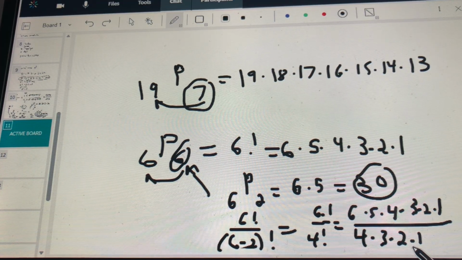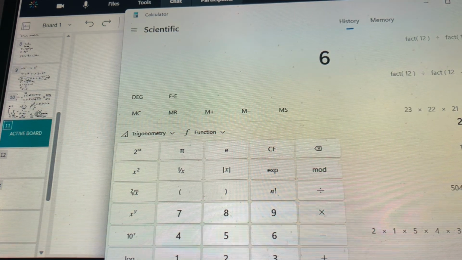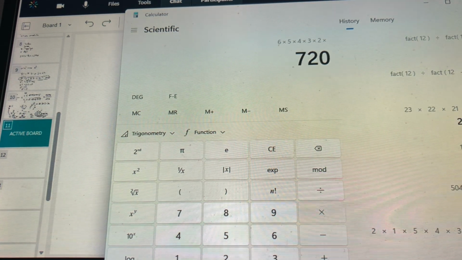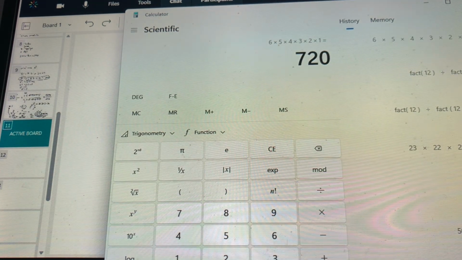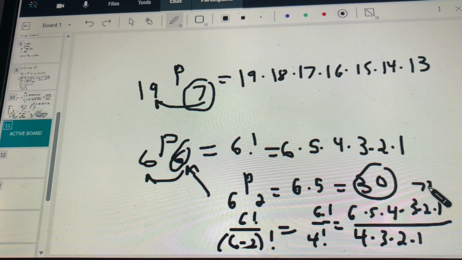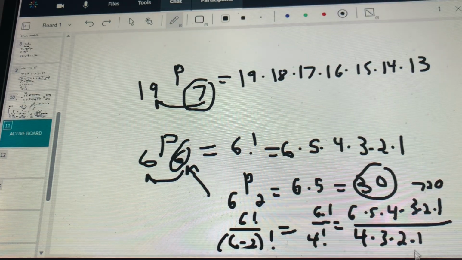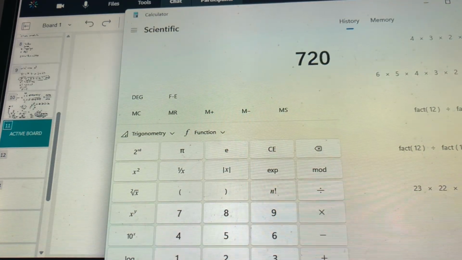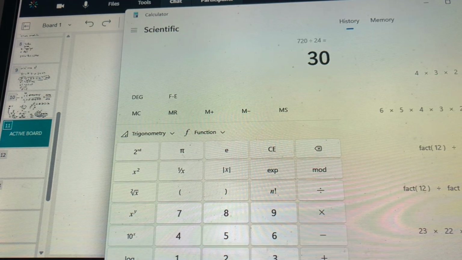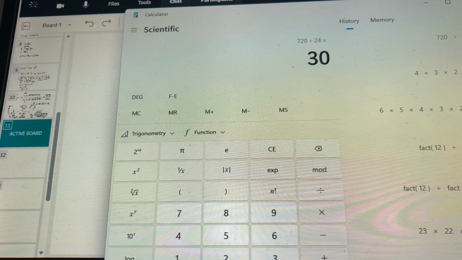And then you could do the whole top, 6 times 5 times 4 times 3 times 2 times 1, and get 720. Then you could do the whole bottom, 4 times 3 times 2 times 1, which is 24, and divide the two. 720 divided by 24 gives you the same answer of 30 that I got much quicker.